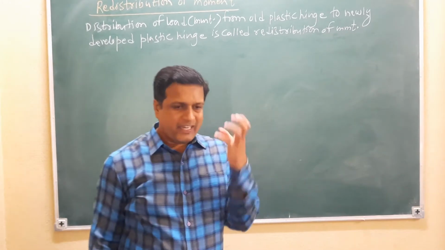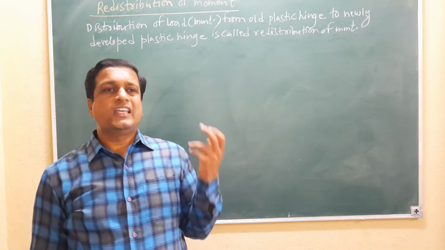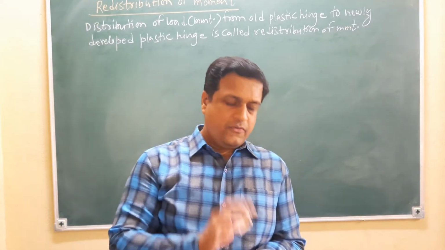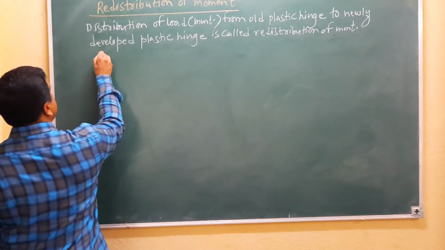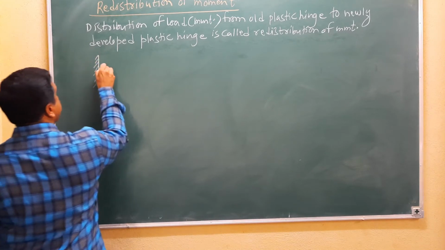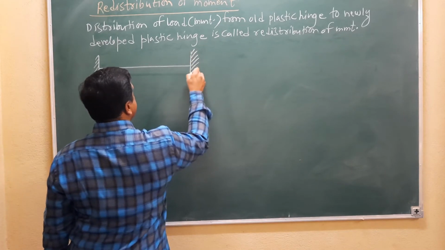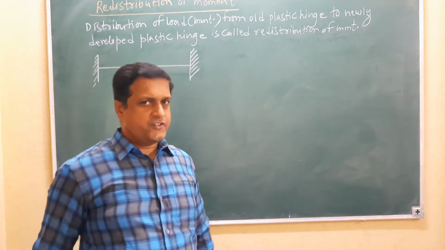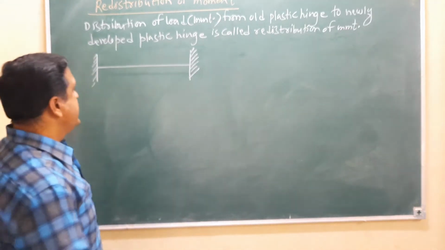So I will exactly tell you the meaning of this definition by giving one simple example of a fixed beam. First, I want to draw a diagram. Consider a fixed beam, because we know that the fixed beam is an indeterminate structure with static indeterminacy 2.